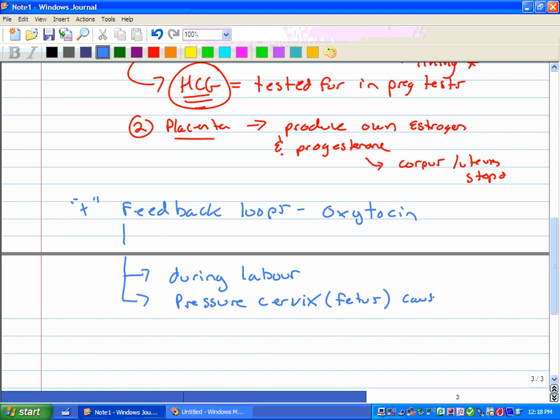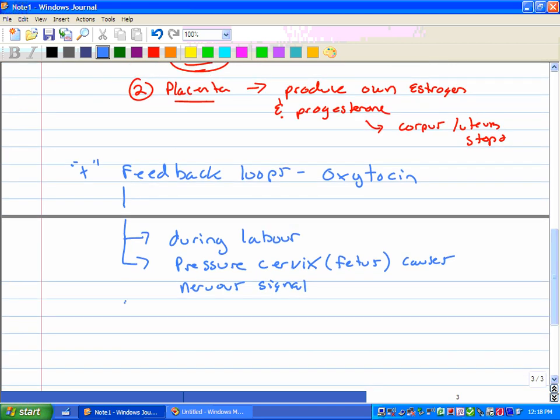It causes a nervous signal, sorry. And what that nervous signal does is it signals the posterior pituitary. So this is a different part of the pituitary that we haven't talked about yet.